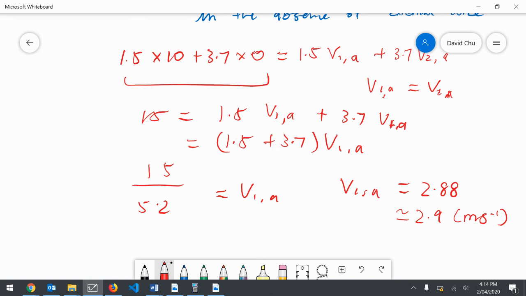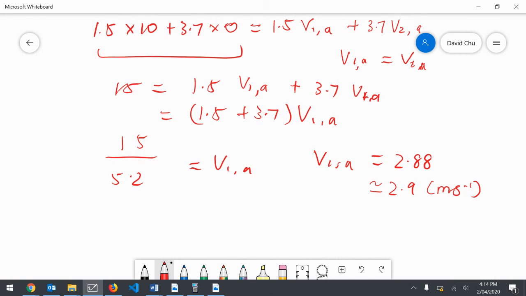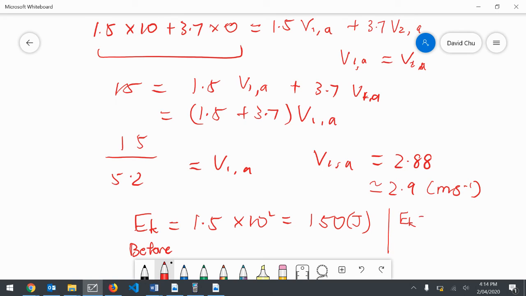Now I'm going to add a little bit extra for this because we want to determine something from here. If I have 2.9 meters per second for both masses, then my kinetic energy initially will be half times 1.5 times 10 squared, which is 150 joules... Now kinetic energy afterwards will be half times 5.2 times 2.9 squared.